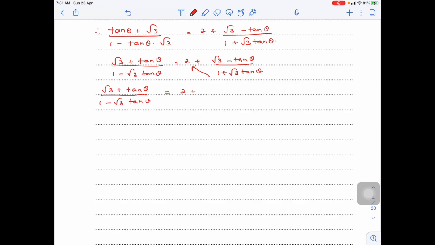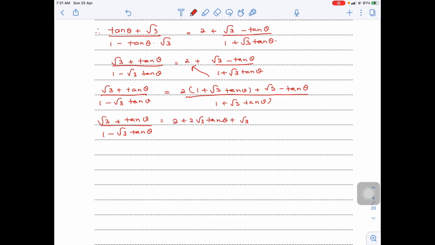Now I'm just combining the right hand side over a common denominator. I can write 2 times (1 + root 3 tan theta) plus (root 3 - tan theta), over 1 plus root 3 tan theta.